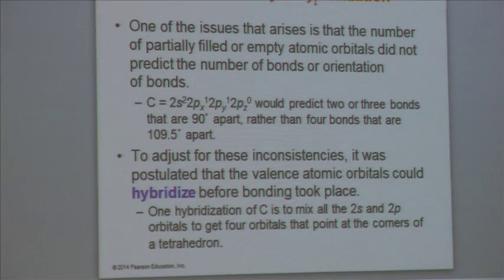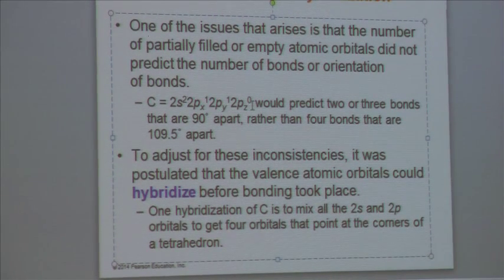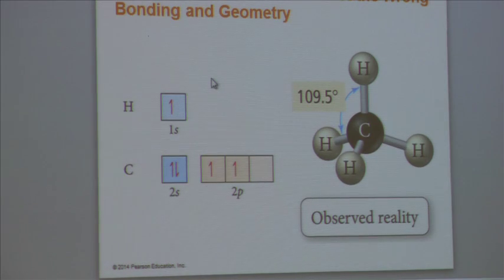So valence bond theory refers to the hybridization of orbitals. So if we are given carbon, the 2s orbital hybridizes with the 2p orbitals, so we end up with sp3 hybrid.